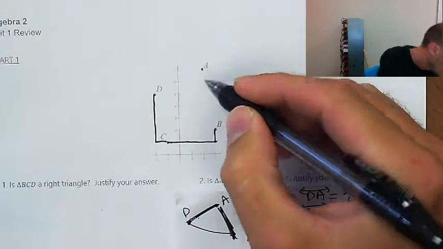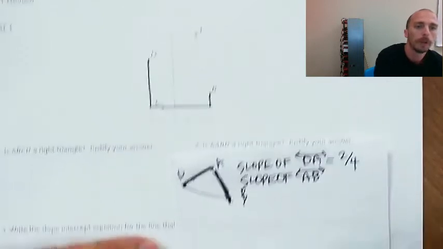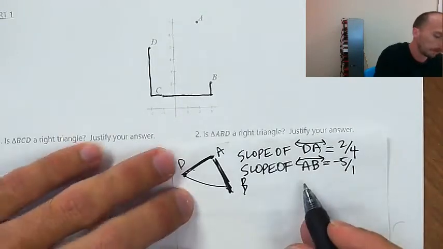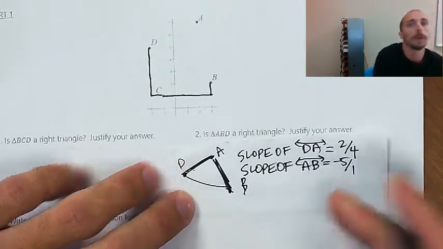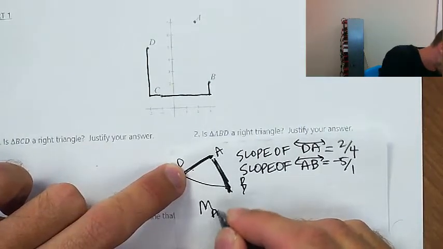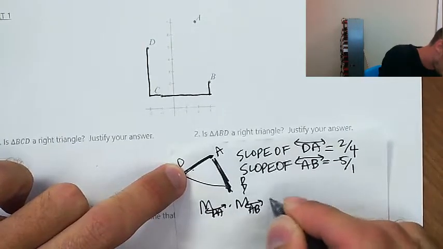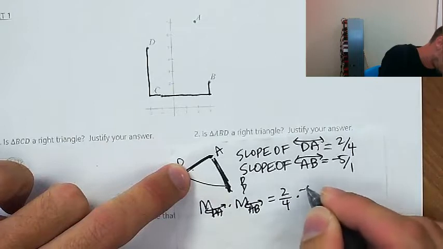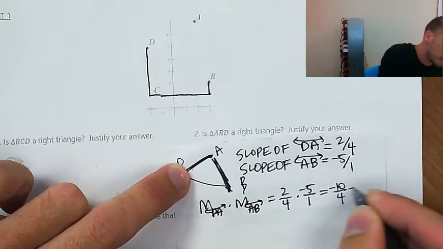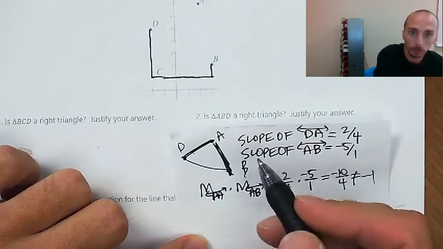Looks like it's going down 1, 2, 3, 4, 5 when it goes over 1. So I'm going to say that slope is -5 over 1. And I'll show that these aren't perpendicular lines by multiplying their slopes and saying, hey, that didn't come back -1. That's not equal to -1, so they're not perpendicular, so it's not a right triangle.